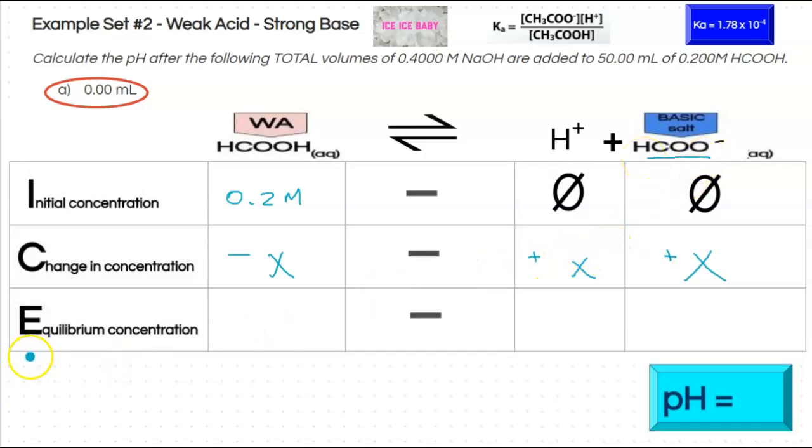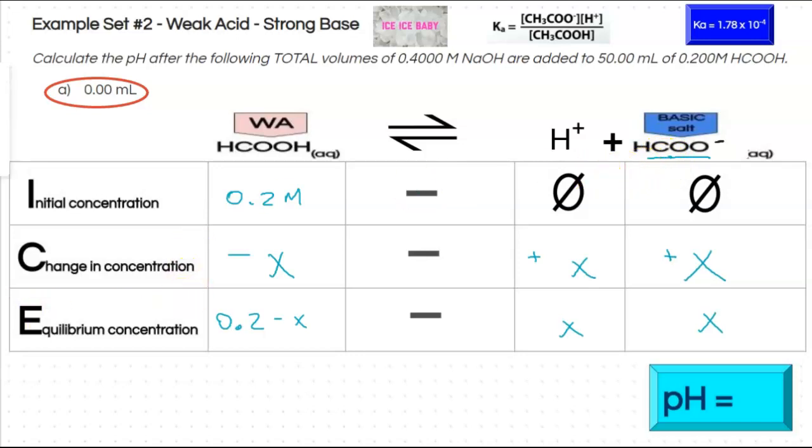So when I reach equilibrium, when this finally balances out, I've got 0.2 minus X. That's what I have left of my weak acid. And at equilibrium, I have formed X amount of hydrogen ions, and I have formed X amount of the methanoate conjugate base anion right here at the top.